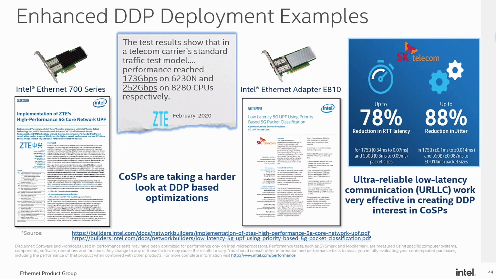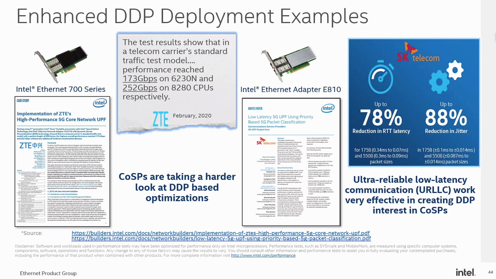So there's a white paper on the left. It uses the 700 series. It's a ZTE white paper, and it shows how performance can improve using dynamic device personalization. And then the one on the right is actually the 800 series. South Korea Telecom has a public white paper out there, where this is where I showed the graph earlier, where they're classifying traffic for 5G applications as either high priority or lower priority.